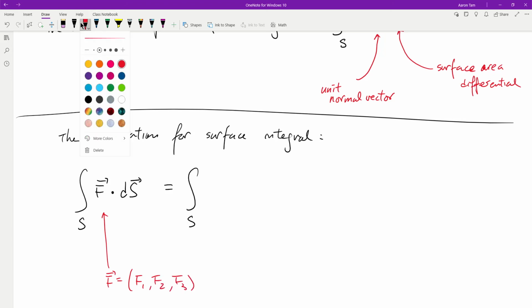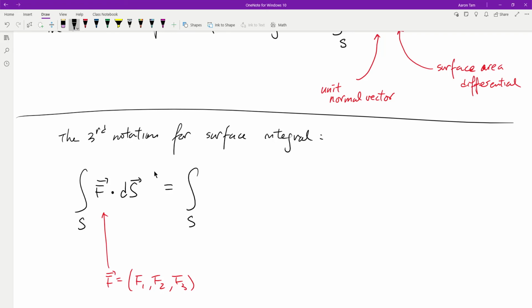And d vector S actually is going to be this: dy dz, dx dz, dx dy. So it's a set of three pair products of differentials.